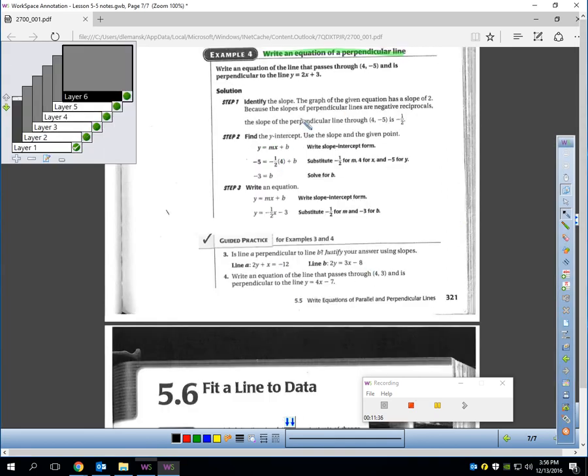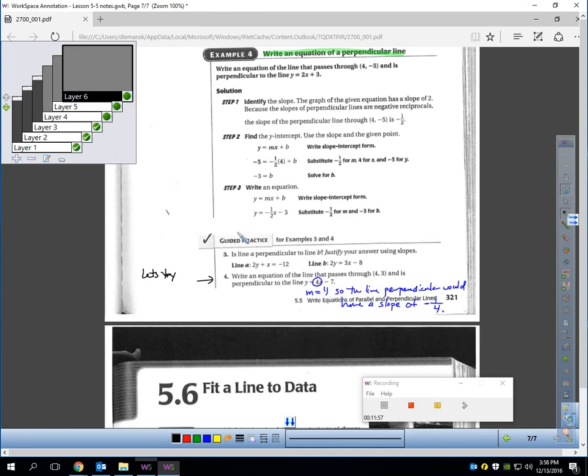Last thing, they will ask you to write an equation of a line perpendicular to a given line, and we'll try that down here in this sample problem 4 at the bottom of page 321. Write an equation of the line that passes through the point (4,3) and is perpendicular to the line given.